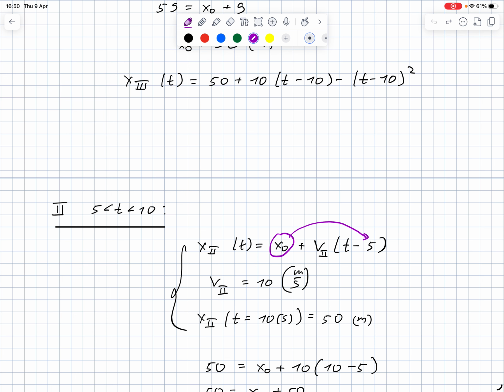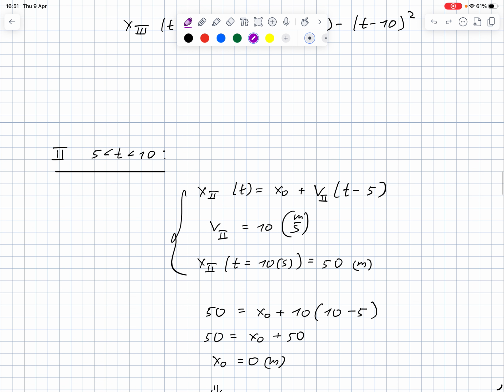Now, from the previous part, we also calculated that when t equals 5 seconds, the velocity is 10 meters per second. We also saw that the velocity in this interval of time is constant, 10 meters per second, because there is no acceleration.